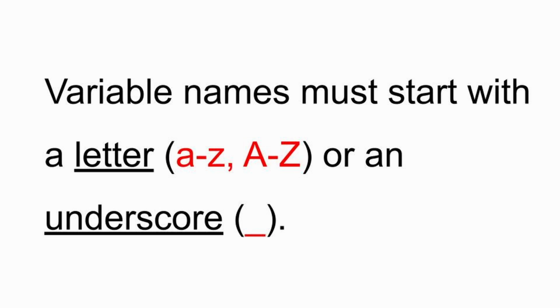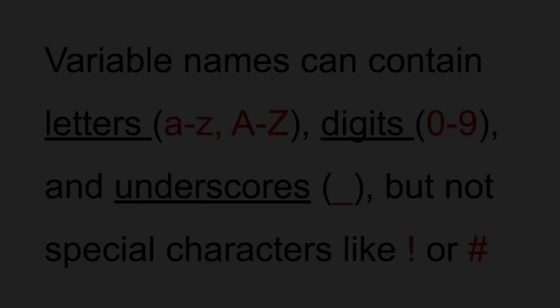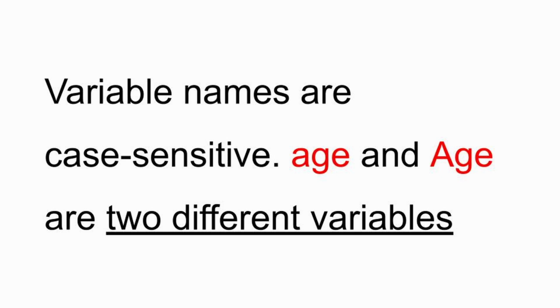They cannot start with a digit. Variable names can contain letters, digits, and the underscore, but cannot contain other special characters like an exclamation mark or hash, for example. Variable names are case sensitive. The variables age and age with a capital A are two different variables.